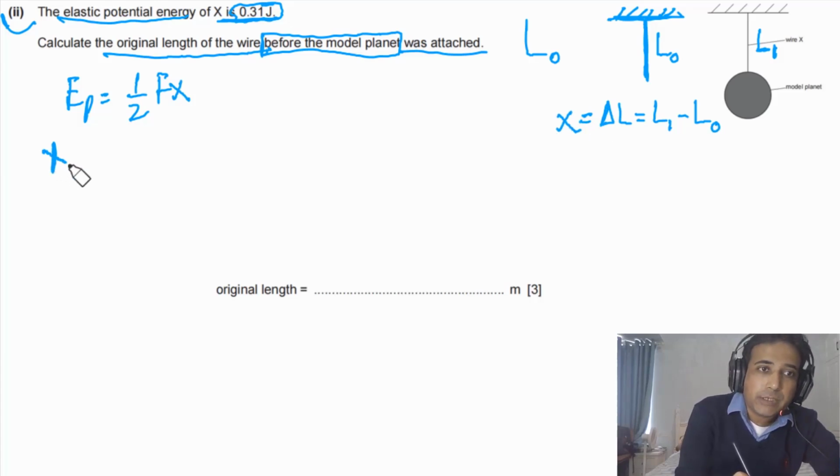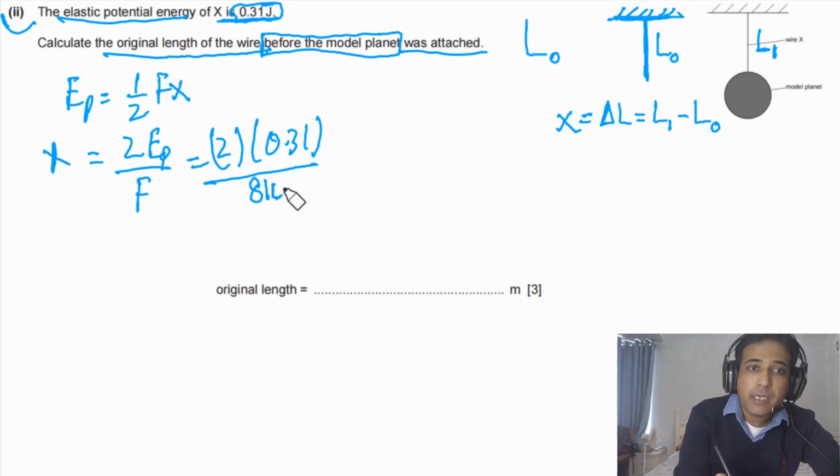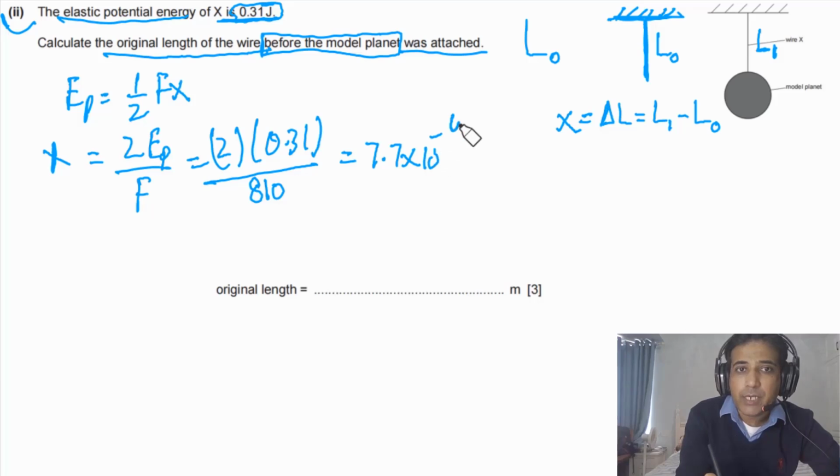So X in this case will be equal to 2 times EP divided by F. We have the value of EP, which is 0.31, divided by the value of force we just calculated in the first part. If we solve this one, we will get the value of X, which is 7.7 times 10 to minus 4.